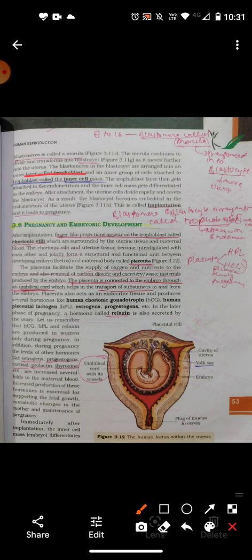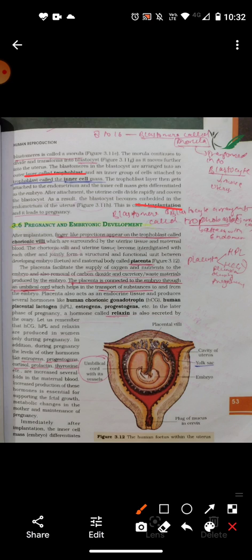Before starting what implantation is, I want to tell you the difference between the morula and the blastula. The morula is a solid sphere of blastomeres formed by the cleavage of the zygote, and the blastula is a hollow sphere of blastomeres formed by the rearrangement of the cells of the morula.